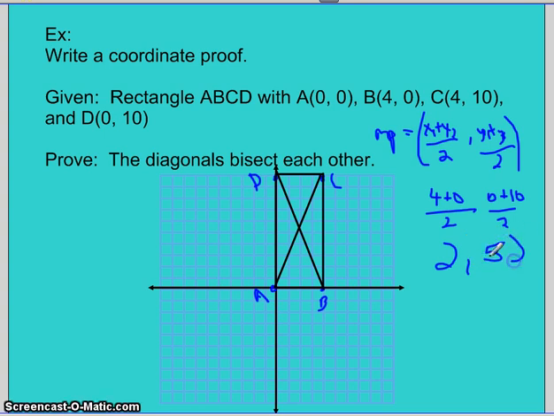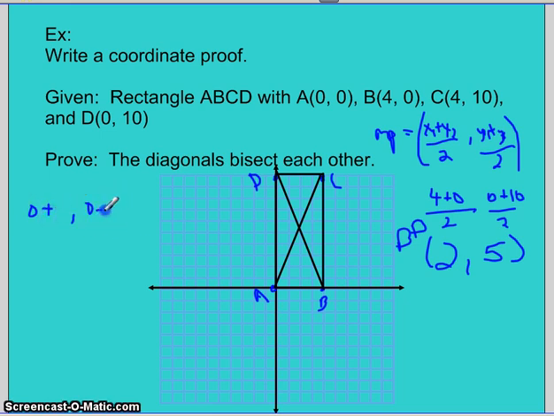So that would mean that the midpoint of BD would be 2, 5. Now we have to make sure that the midpoint of AC is 2, 5, and if so, then those two are going to bisect each other. So plugging AC into the formula, my A is 0, 0, so I'm just going to plug those in.